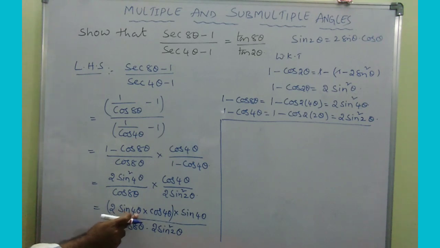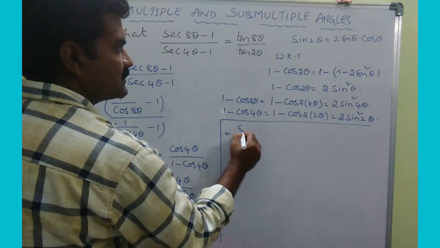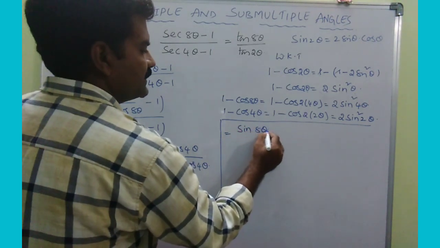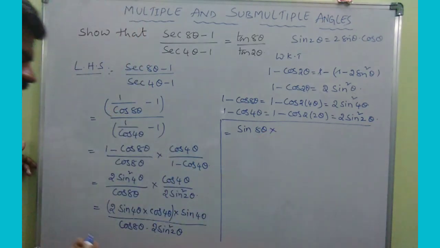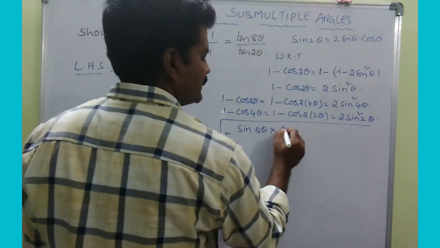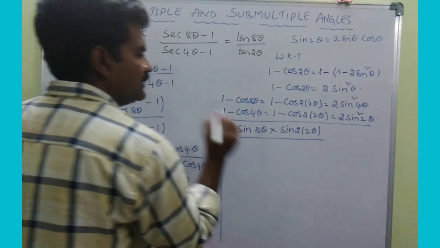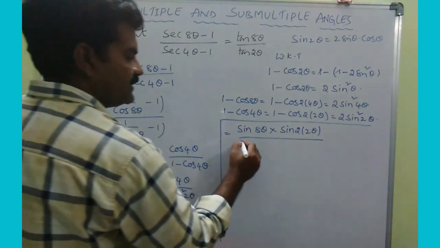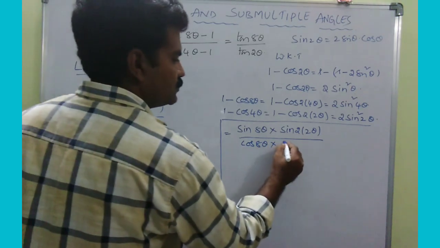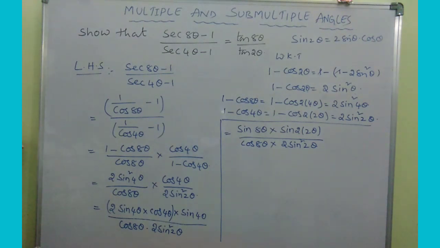Now here there is a 4 theta, hence the bracket can be written as sin 2 into 4 theta, which is 8 theta, into sin 4 theta. I want to write it as 2 into 2 theta whole, divided by the denominator. There is no change, as it is, 2 sin square 2 theta, right?